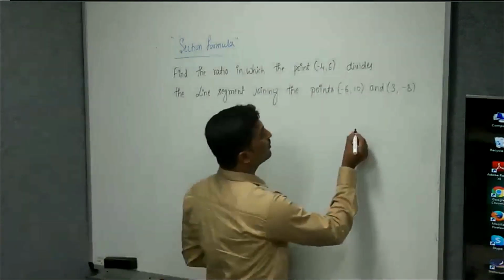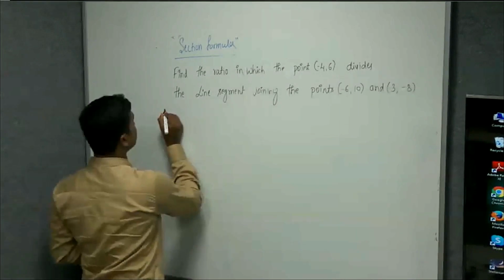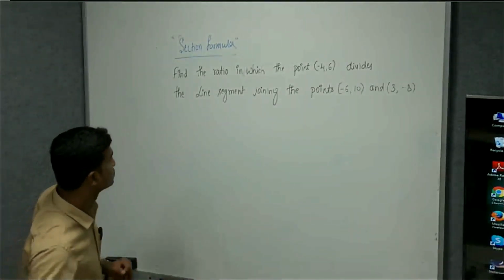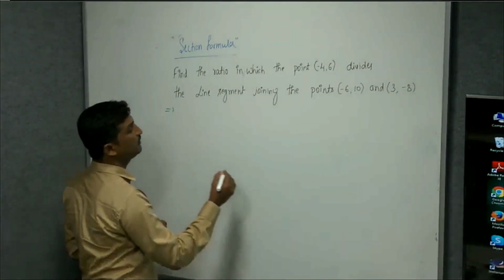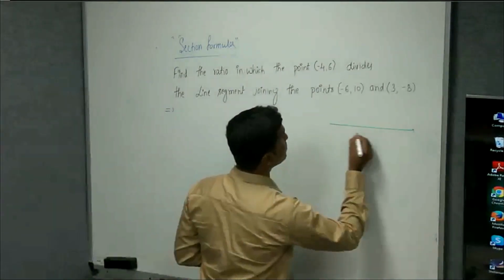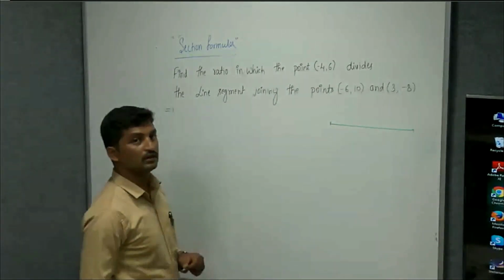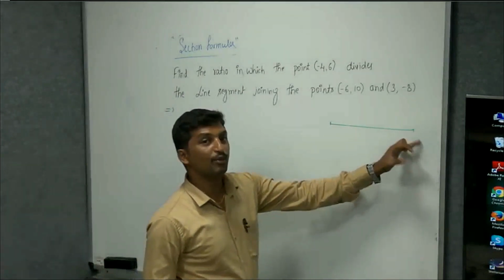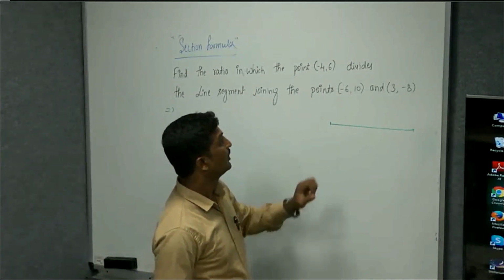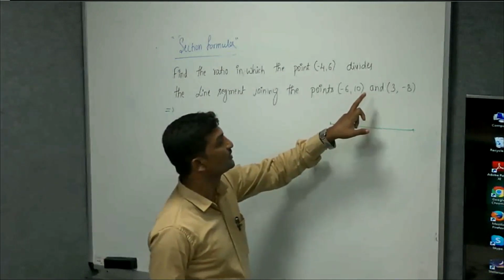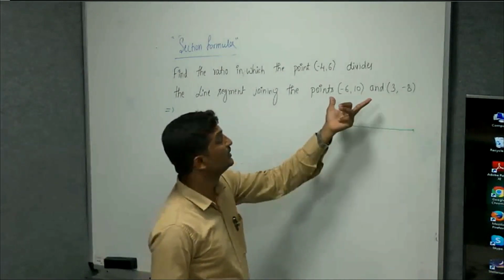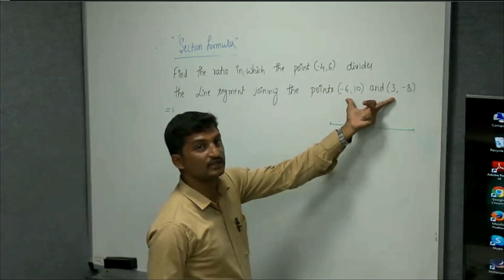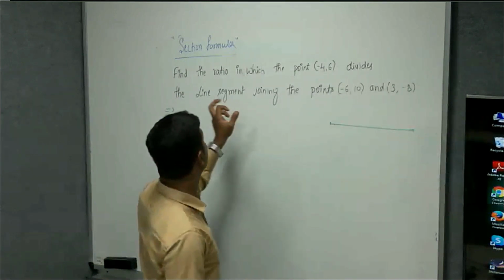Okay. Now, let us take the solution. First, draw a line. This is the line. Now, my question is, what are the coordinates of the end points of this line? They are minus 6 comma 10 and 3 comma minus 8. These 2 points are joined to get a line segment.